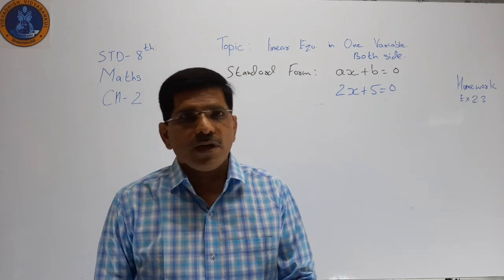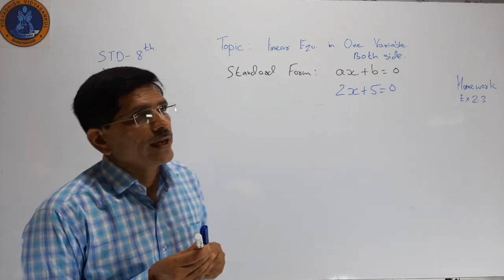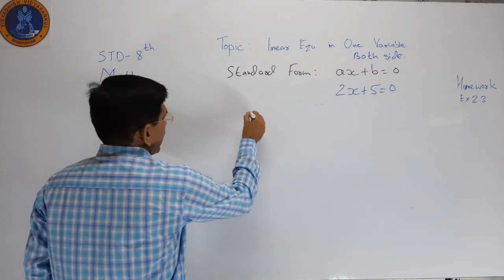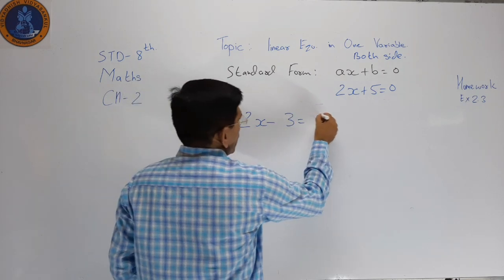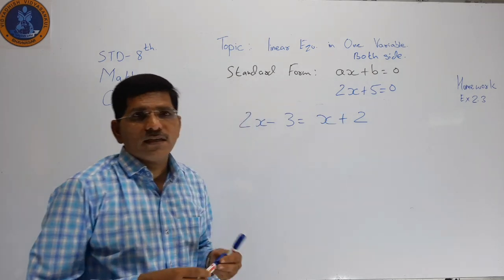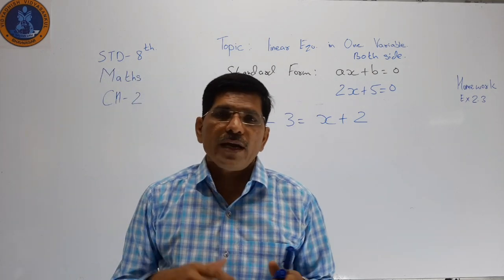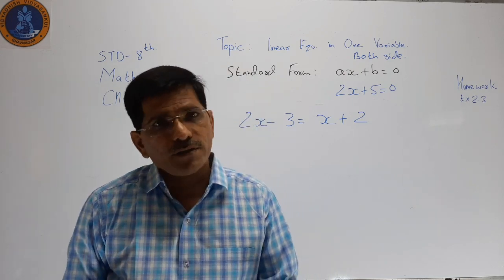As an example: 2x minus 3 is equal to x plus 2. We have to simplify this and find the value of x.